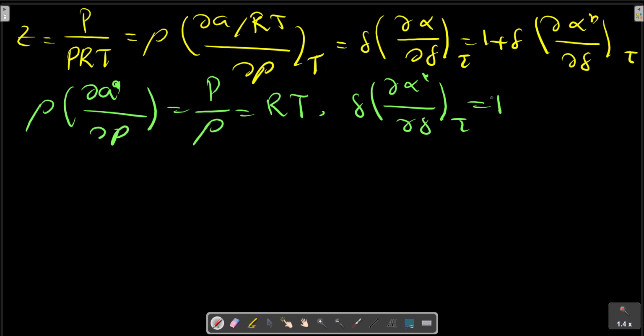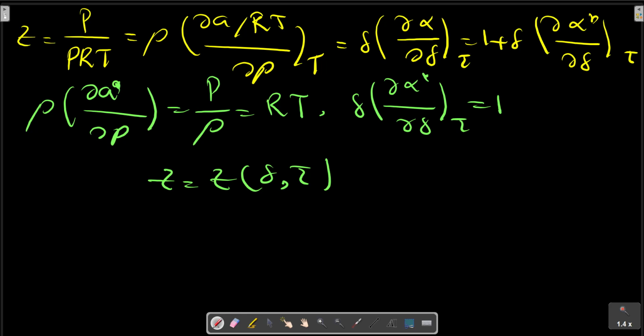Differentiating the previous equations and substituting into this relation results in the equation of state as a function of Z, a function of delta and tau, the non-dimensional inverse of temperature and density, in terms of the empirical coefficients and exponents of the equation for alpha r. These coefficients are now fitted to the available experimental data.